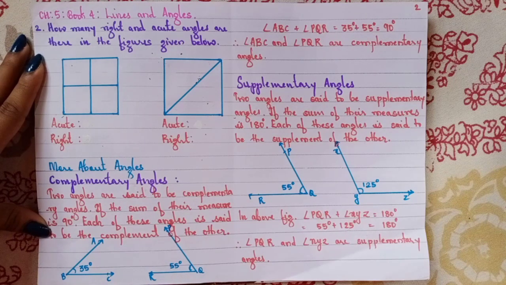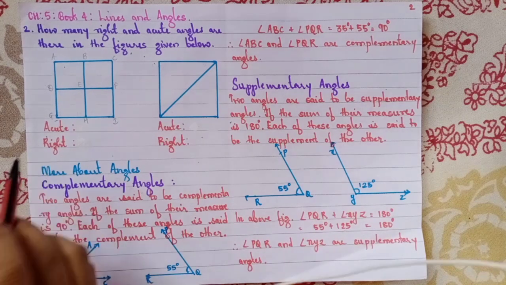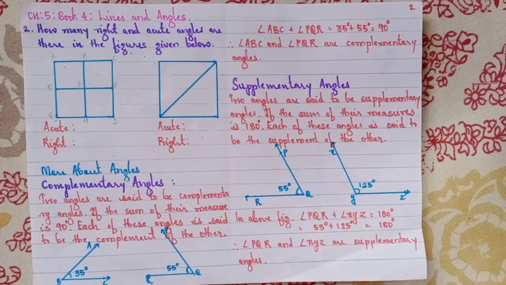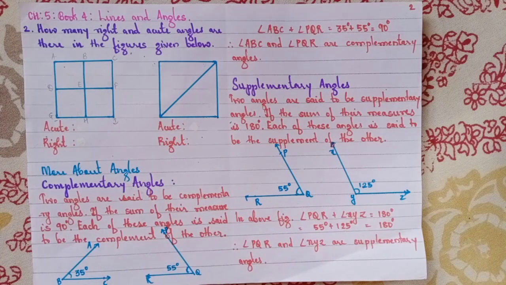So let's do it now. Now we can see I have written the names on the figure, and accordingly we are going to write the angles. If you see, children, here we do not have any kind of acute angle. An acute angle is what? One which measures less than 90 degrees.